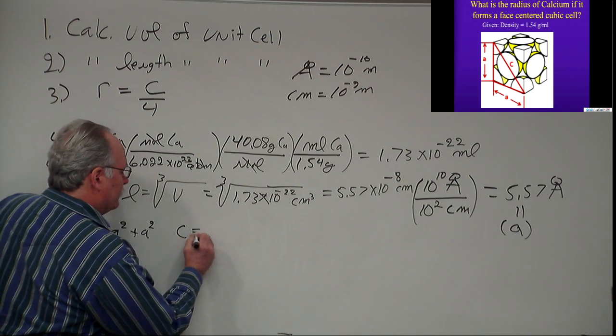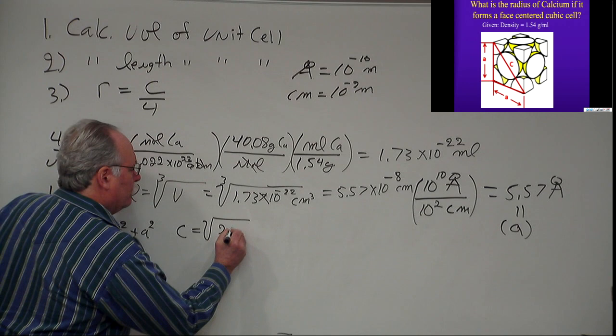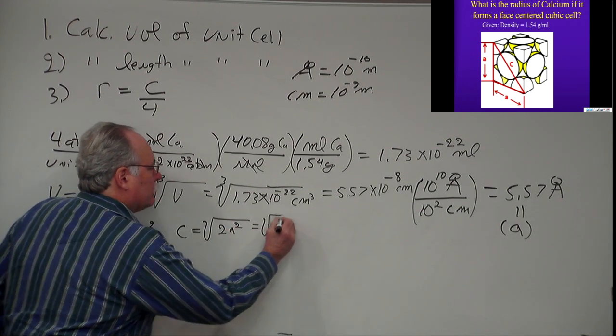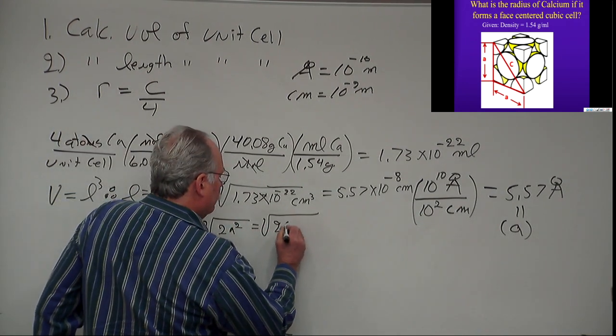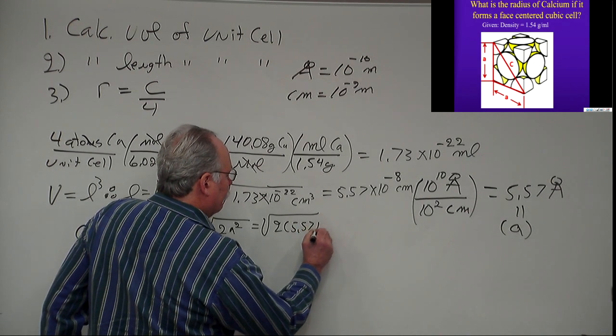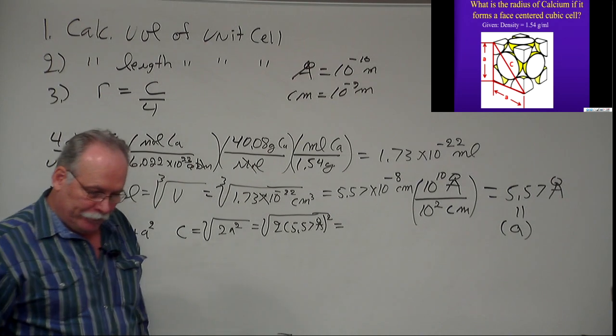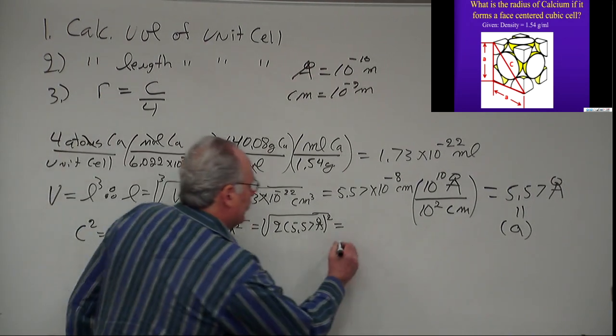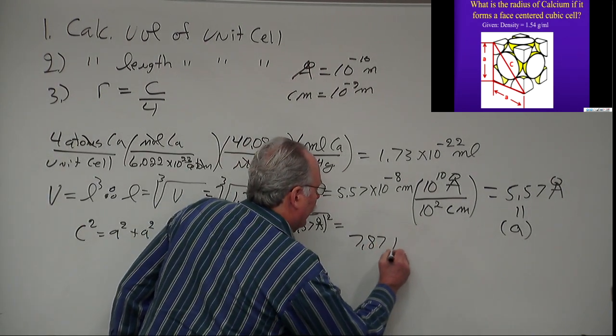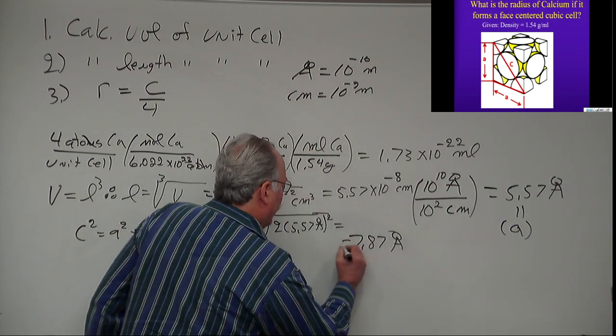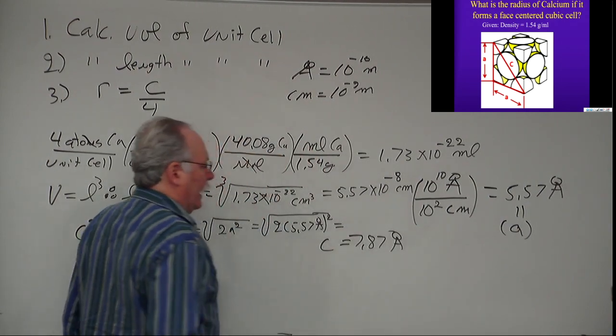So C is equal to the square root of 2A squared, which is equal to the square root of 2 times 5.57 angstroms squared, which is equal to 7.87 angstroms. So that is our value for C, okay?